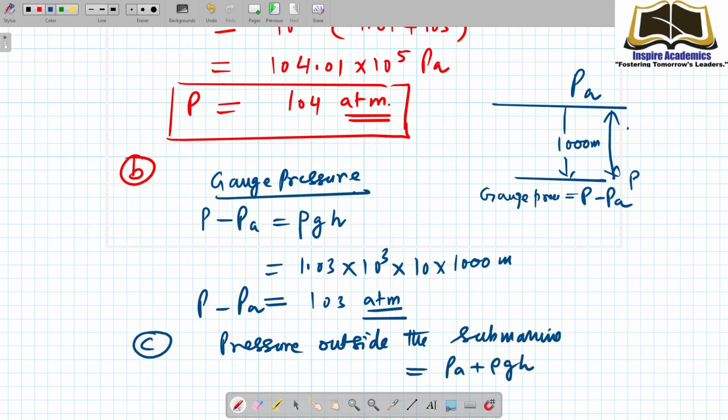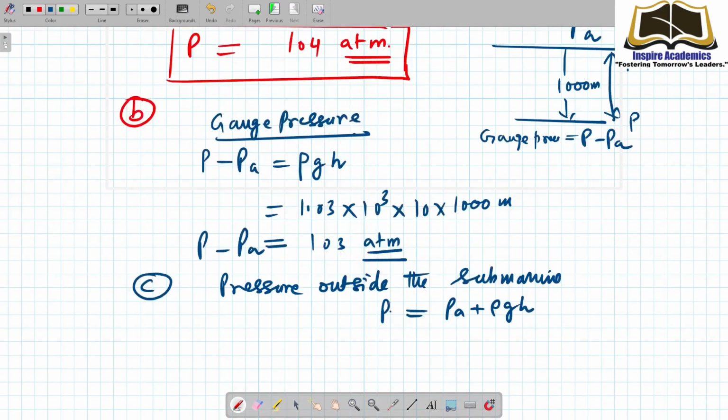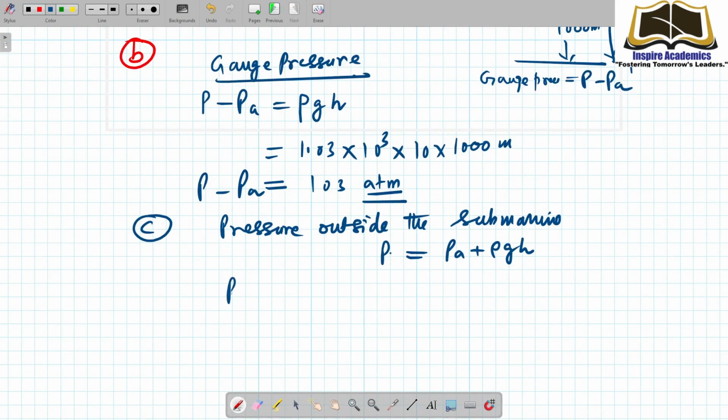I had already told you. Let's call it P. And the pressure inside the submarine, how much is it? Any guess? Inside the submarine it is the same as atmospheric pressure, remember, PA. Because what does our body want? The atmospheric pressure should be the same; if it is less or more, we will have trouble.